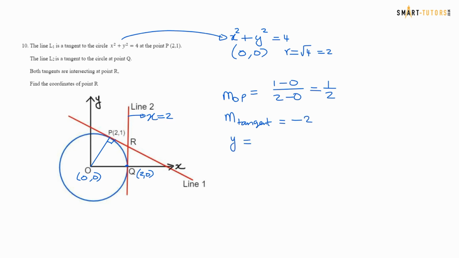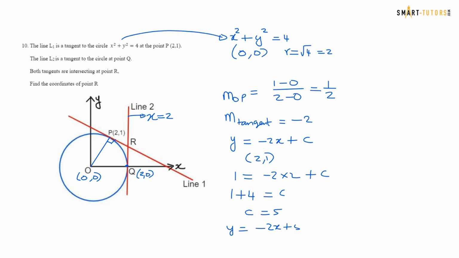So y equals minus 2x plus c. Substitute 2, 1: 1 equals minus 2 times 2 plus c, so 1 plus 4 equals c. So c equals 5. The equation y equals minus 2x plus 5 is the line L1.